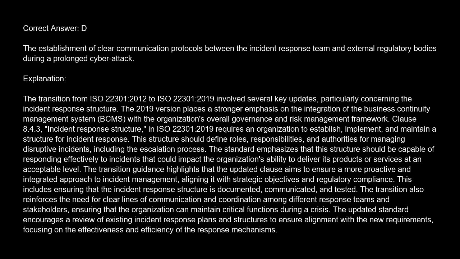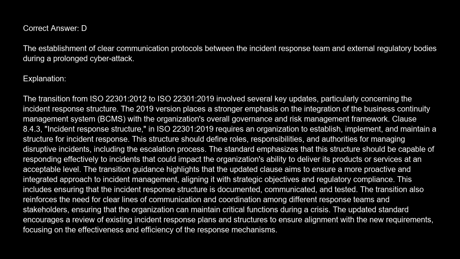Clause 8.4.3. Incident response structure in ISO 22301, 2019 requires an organization to establish, implement, and maintain a structure for incident response. This structure should define roles, responsibilities, and authorities for managing disruptive incidents, including the escalation process.